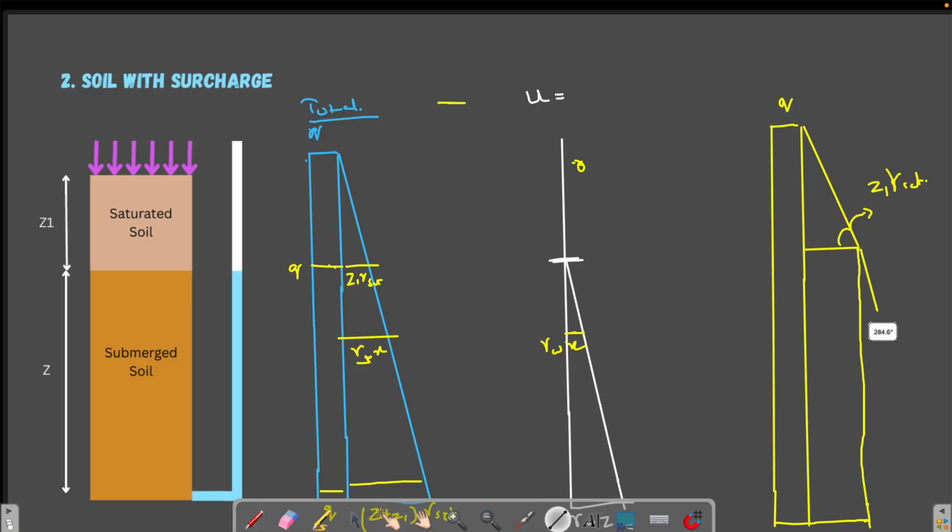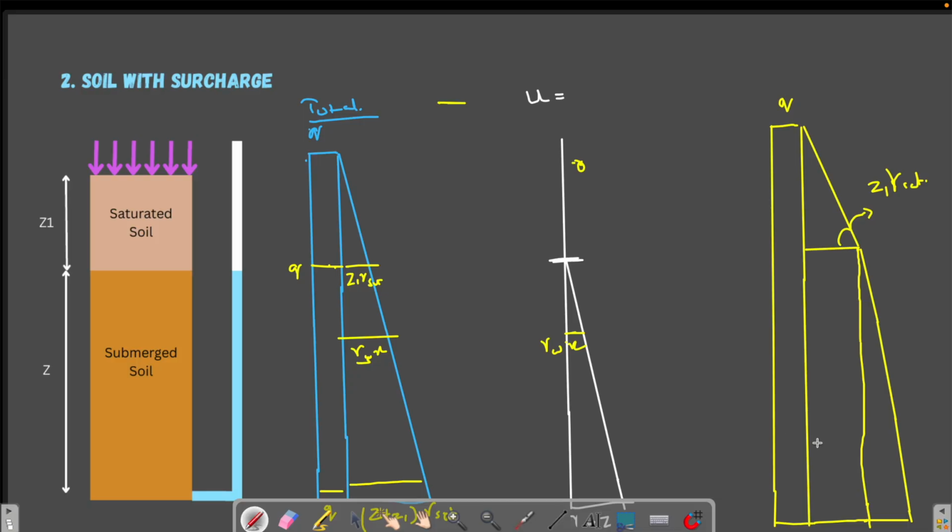It should have gone like this if we were drawing gamma saturated, but we are drawing gamma submerged. We are subtracting the unit weight of water from it, so the slope is getting reduced.